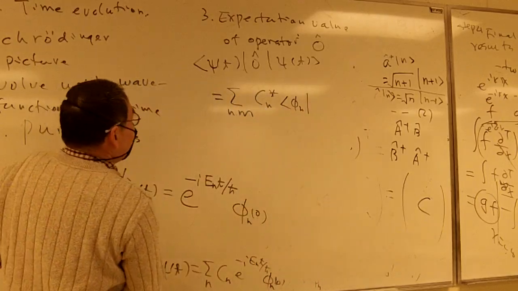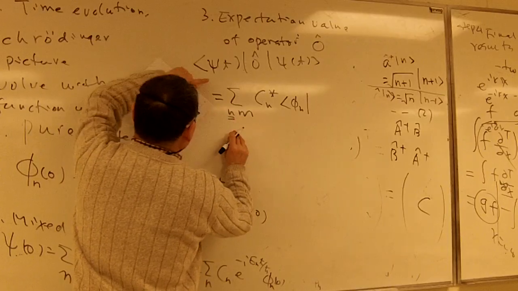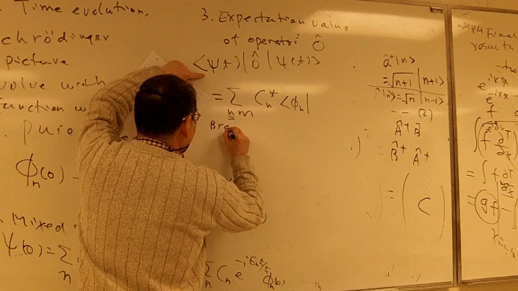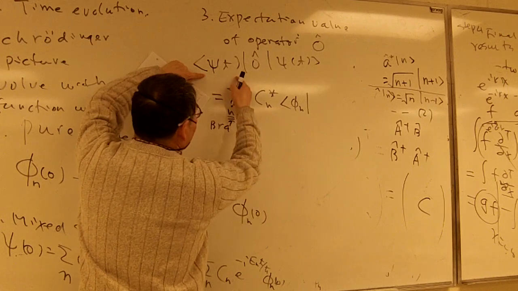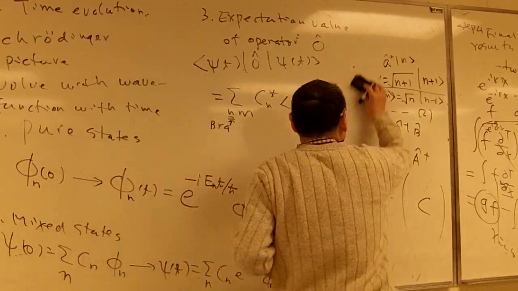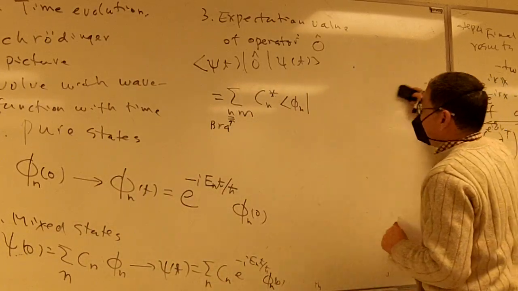Just keep in mind, I use the n index to symbolize the bra part, and I use the index m to represent the ket part.